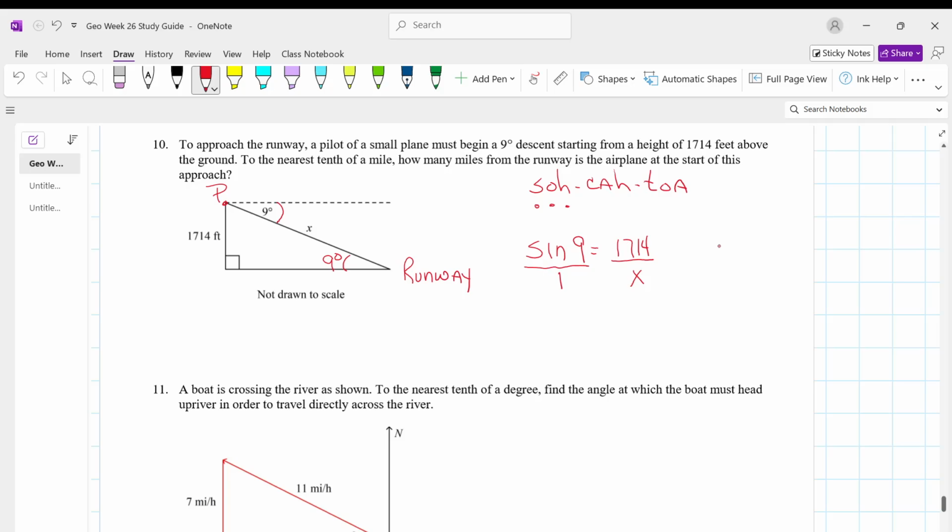Crisscross multiply. So sine 9 times x equals 1714. Divide by sine 9. These cancel, and our x is equal to 10,956 to the nearest tenth.